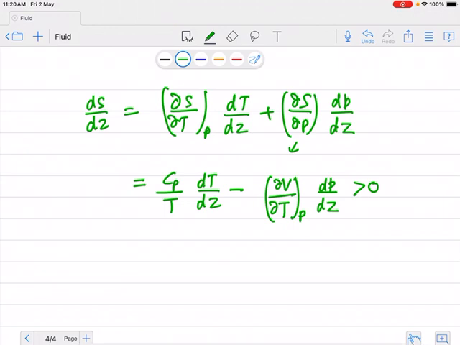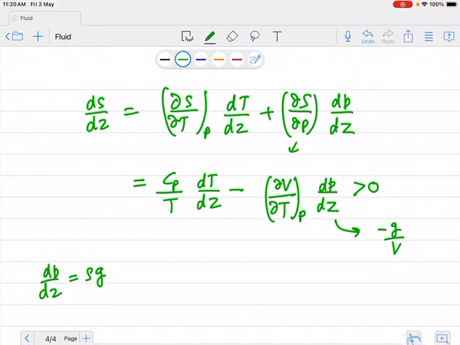We can substitute the value of dP upon dz. It is very simple: we know that dP upon dz is equal to rho g. So dP upon dz is g by the volume, because 1 by volume means the density.